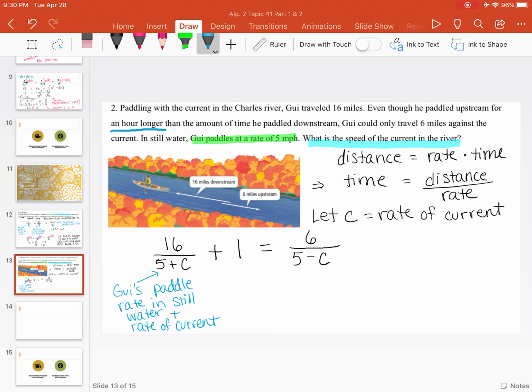Now if we look on the other side, where we have this 5 minus c, this is Guy's paddle rate in still water minus the rate of the current.